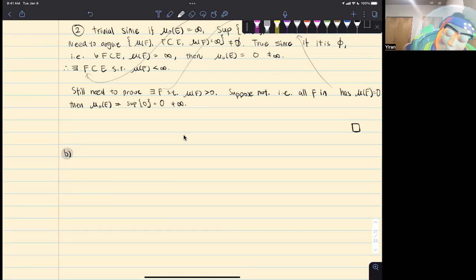So if mu of E is infinity, then by exercise 14, for all c larger than 0, there exists F that is a subset of E such that mu of F is larger than c and smaller than infinity.